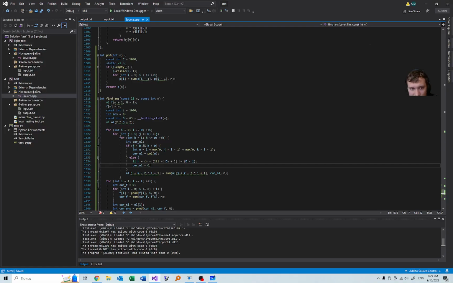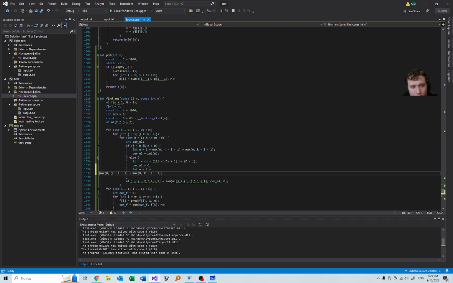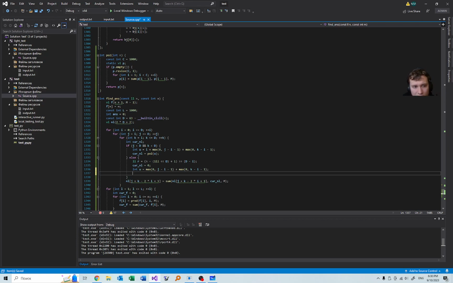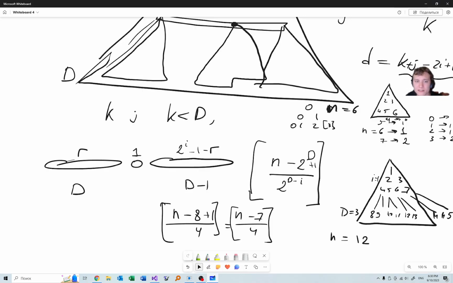The first addend is simply, it's really simple, it's the same thing as here, but instead of I I need R. So I say carNL is the product of 2 things: R modulo M and power of 2 of U, modulo M. And then I need to add one addend for this one.